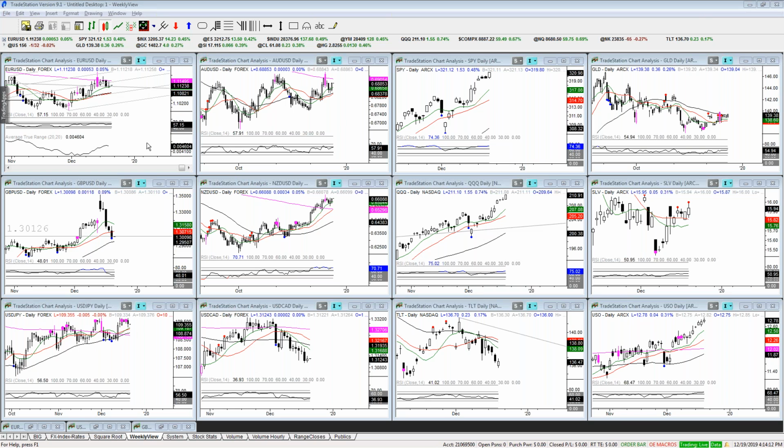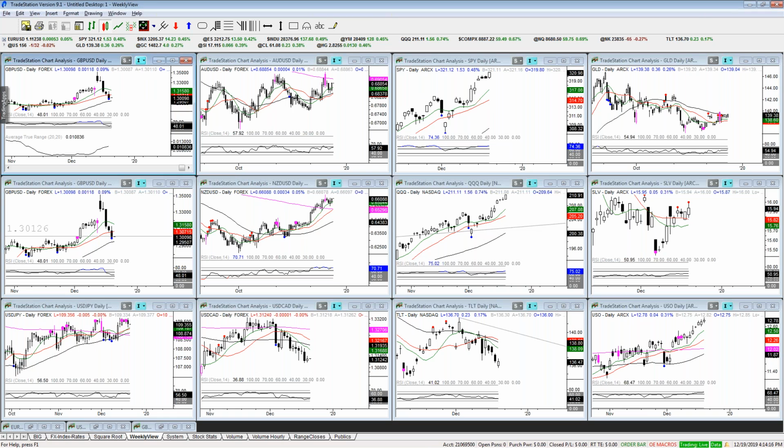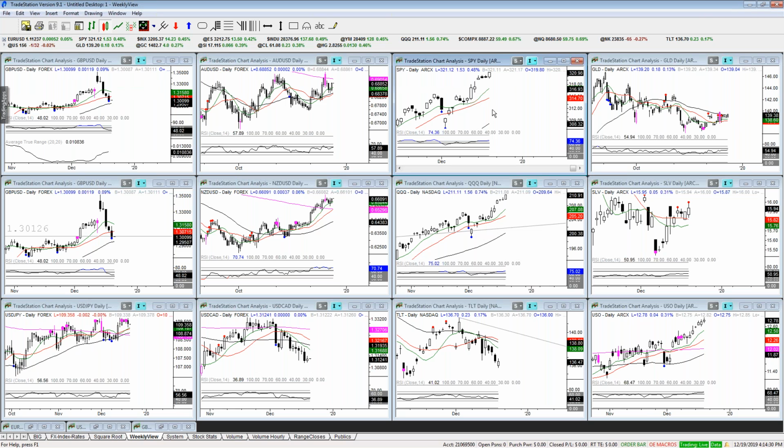Current ATR for cable is 108. So the ATR is, you know, the stop being 30 pips away. I mean, you're talking less than a third of a daily range. So if you can get that type of a stop, it's a pretty good entry.